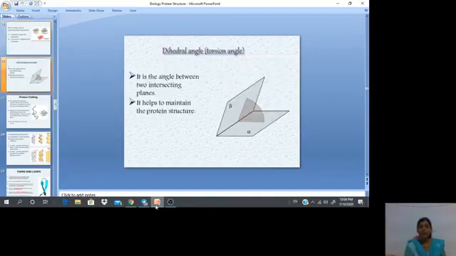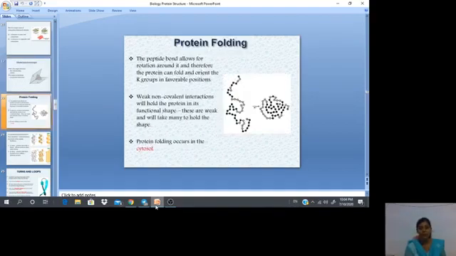The angle between two intersecting planes is known as the dihedral angle or torsion angle. It helps to maintain the protein structure. It is very important to maintain the protein structure.